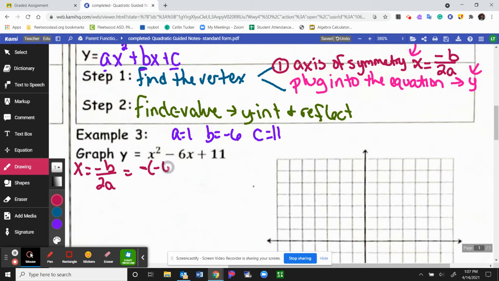So it's a negative -6 all over 2 times a, which is 1. You just do a little math here. And -(-6) is a +6. 2 times 1 is 2, and we get 3. So our vertex here, we know it's going to be 3 comma something. Okay, we know that our axis of symmetry is going to be at 3.